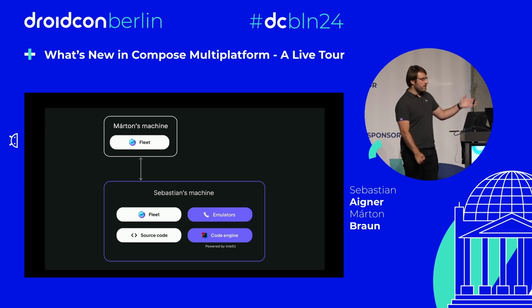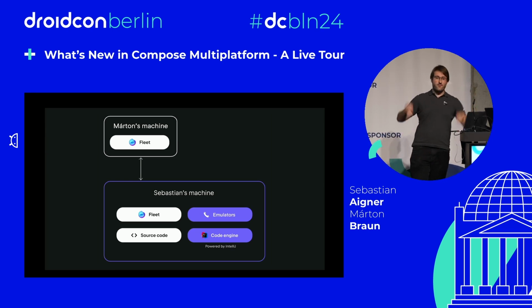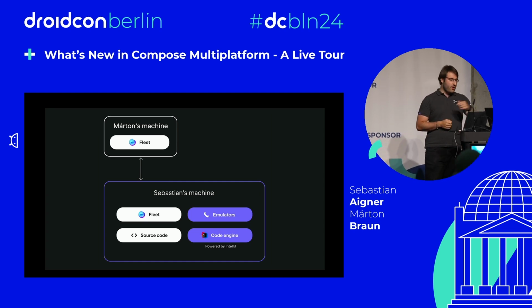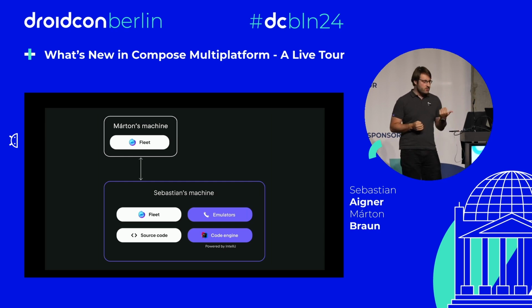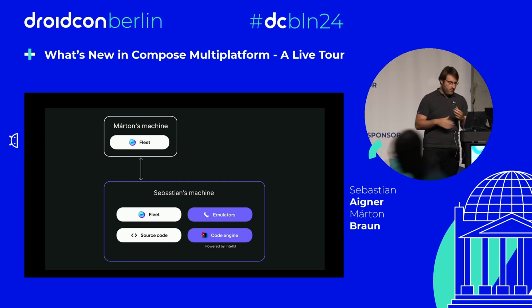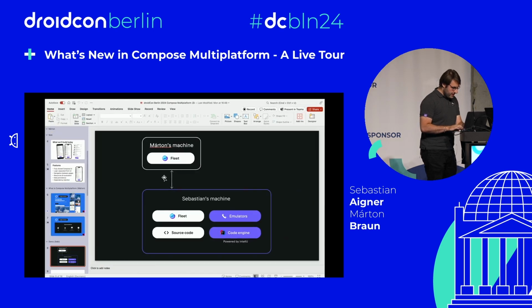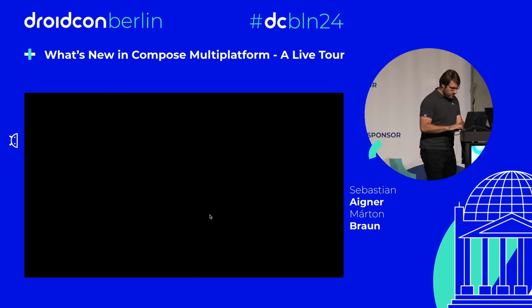And then Márton is already connected via the conference Wi-Fi, so hoping that that's going to hold out, is actually going to be connecting here. So you'll also see Márton's cursor, and he'll be able to do any kind of actions while we're developing here as well.